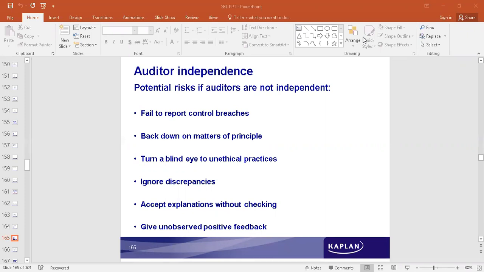If they turn a blind eye to unethical practices, and anybody is involved in any kind of unethical practice, they do not respond to that. They just turn a blind eye. They just ignore any kind of discrepancies, what ought to be done and what is happening. If they do not take it very seriously, they accept explanations without checking and give unobserved positive feedback.